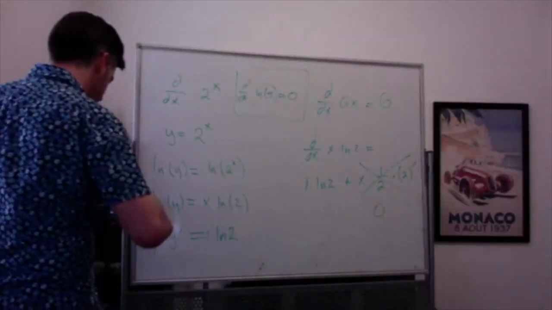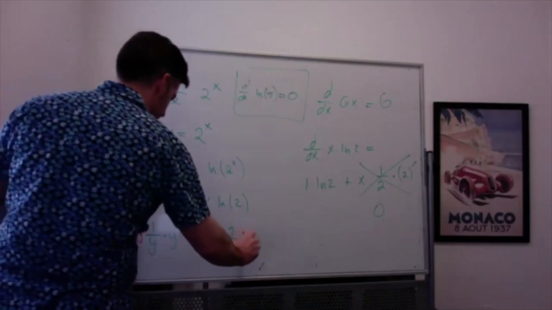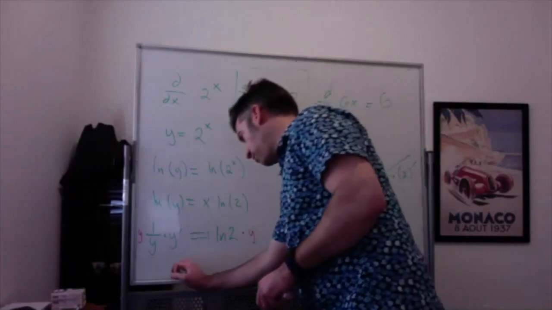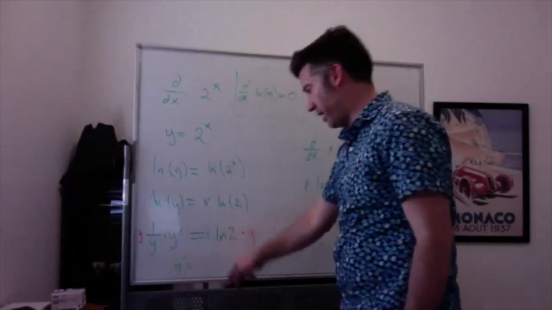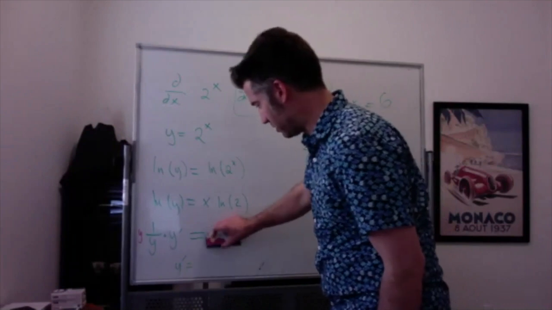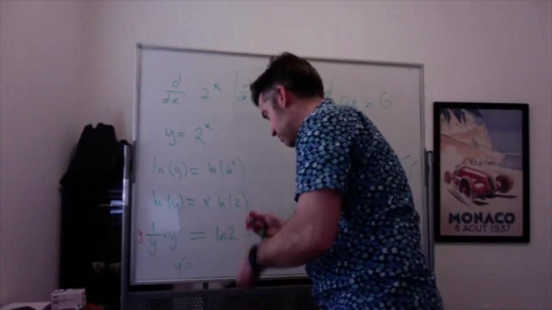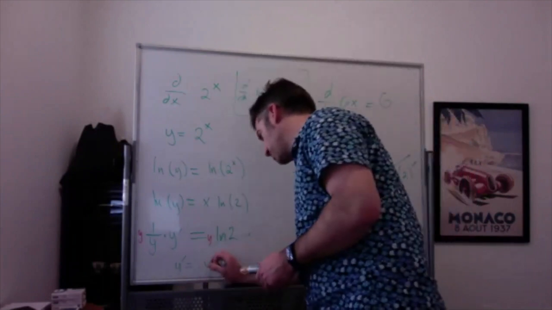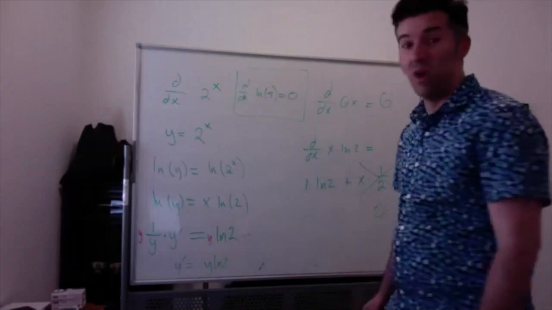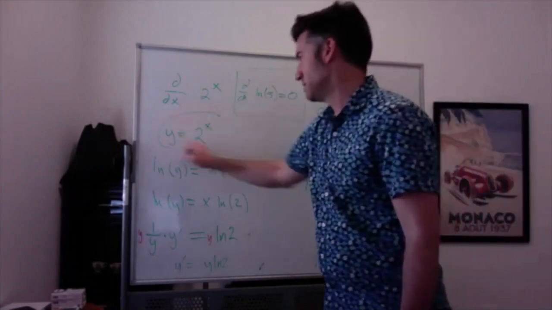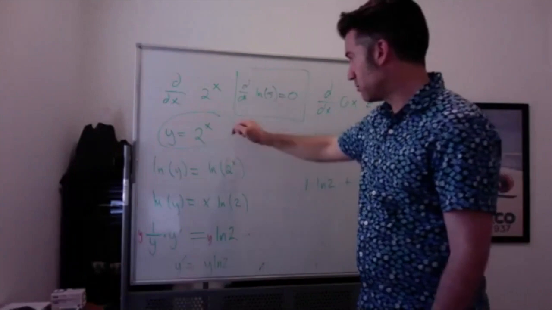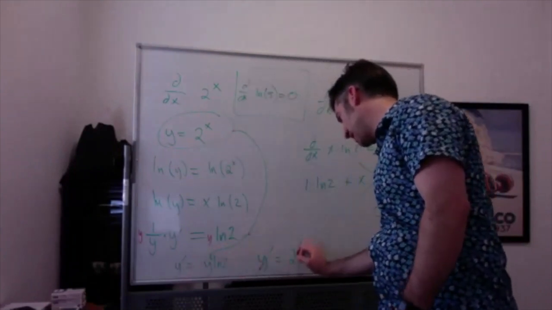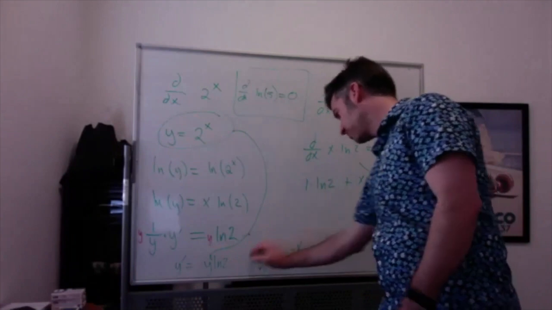So y prime equals y times natural log of 2, but we know what y is equal to. That's y right there. So we get y prime equal to 2 to the x times natural log of 2.